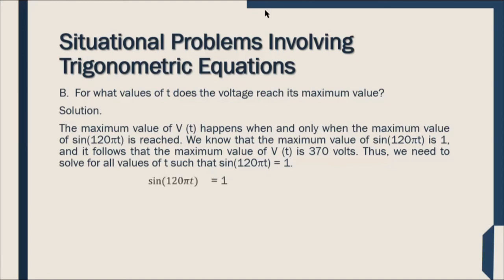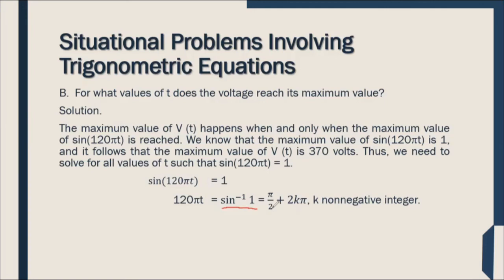Okay, so yun ang ating target ngayon. Itong sine 120 pi t equals 1. So, ang target natin ay for all values of t. Okay, then, pag kinuha natin yung arc sine 1, okay, so kaya natin yung arc sine 1, at ang arc sine 1 ay pwede mo siyang makuha sa pi over 2 or sa 90 degrees.